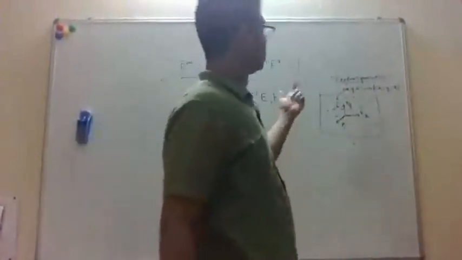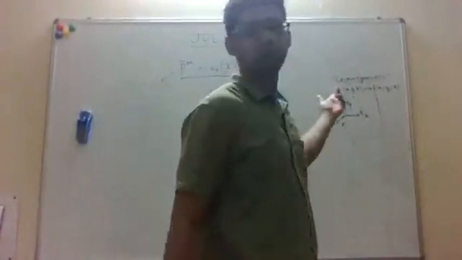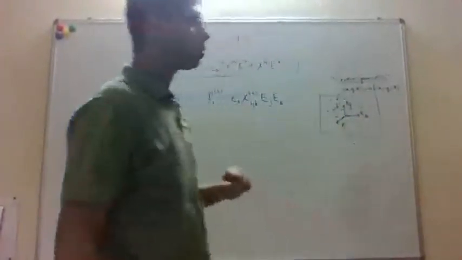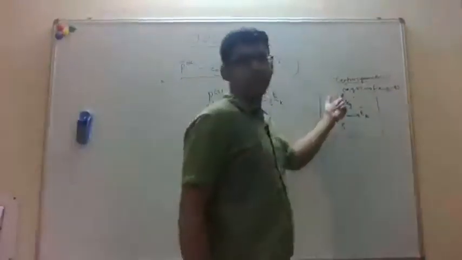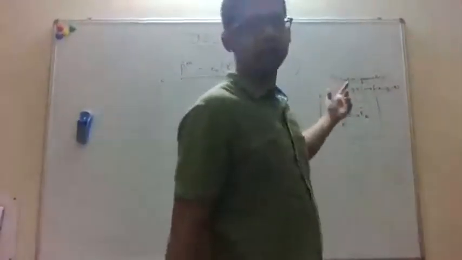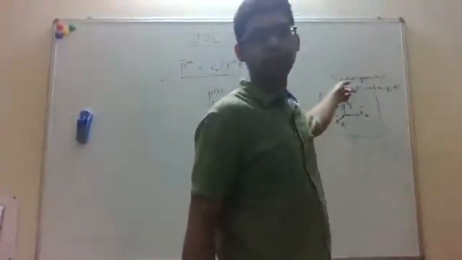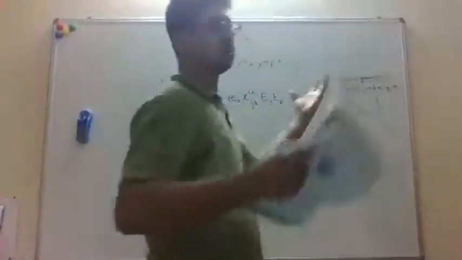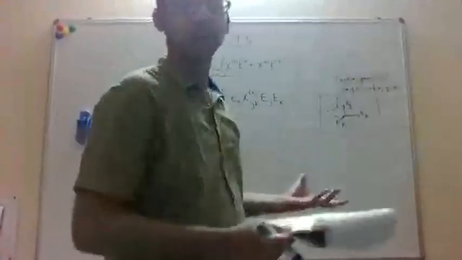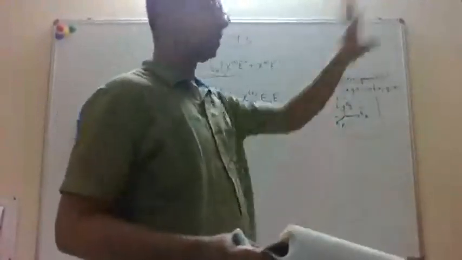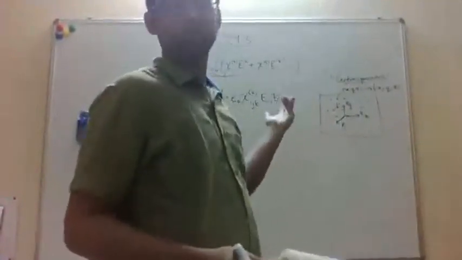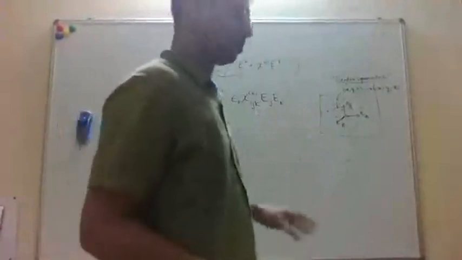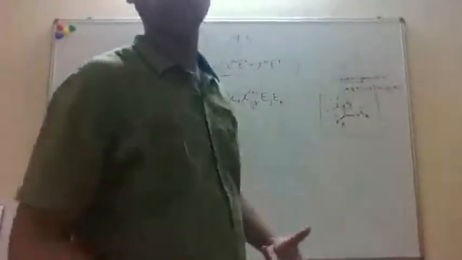A piece of silicon, for example. And automatically, any liquid or gas would already be centrosymmetric because on average you have all these molecules or atoms just floating around, so it's sort of a smear on both sides. There's no difference on one side of the origin or the other.